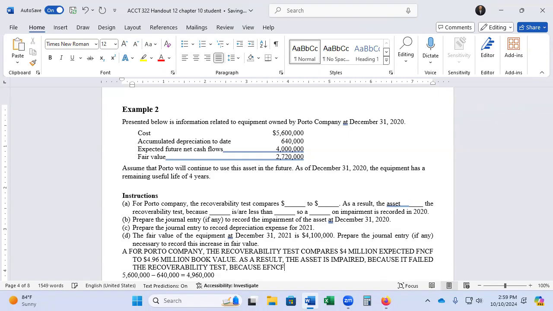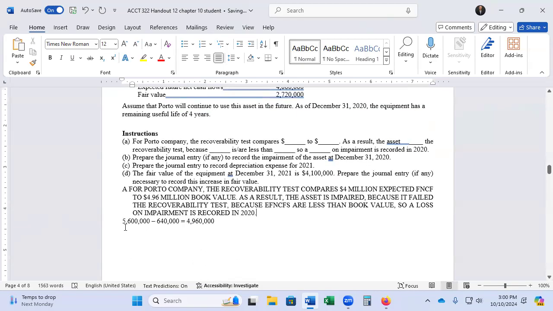Expected future net cash flows are less than book value. So a loss on impairment is recorded in 2020. Any questions?